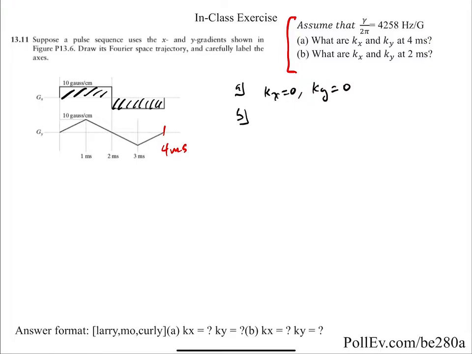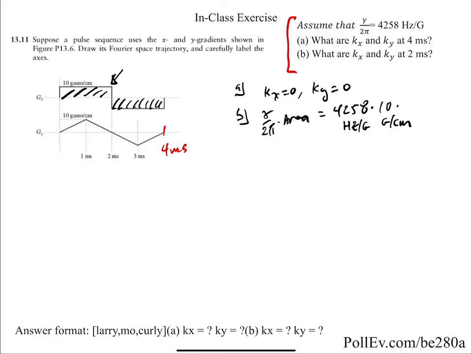Now let's look at the next one, which is at 2 milliseconds. So we want to look at this point in time. Where are we in k-space? Essentially, we just want gamma over 2 pi times the area. So we have 4258 times 10 Gauss per centimeter. This is in Hertz per Gauss, Gauss per centimeter.